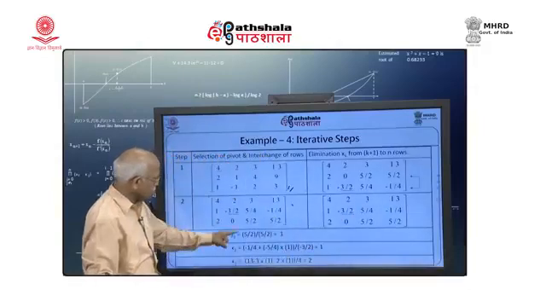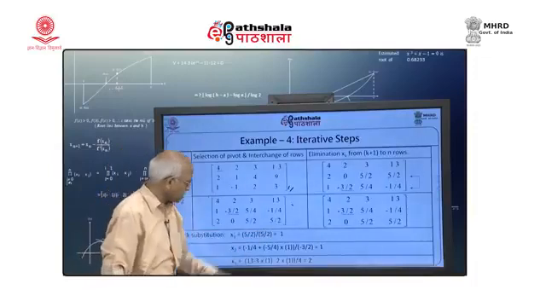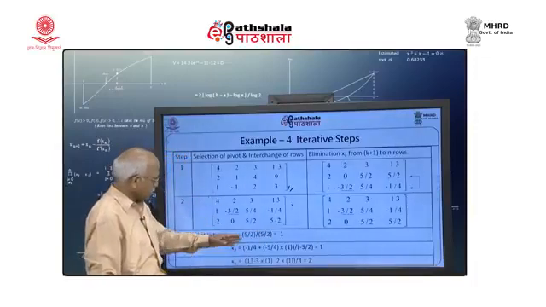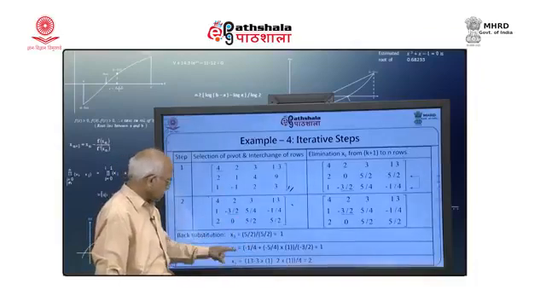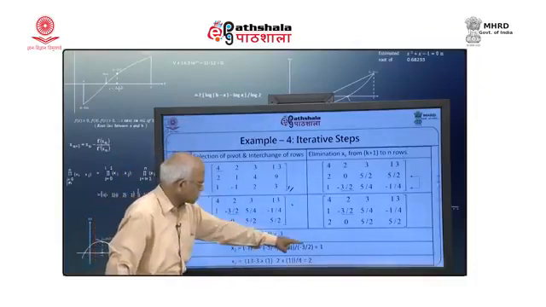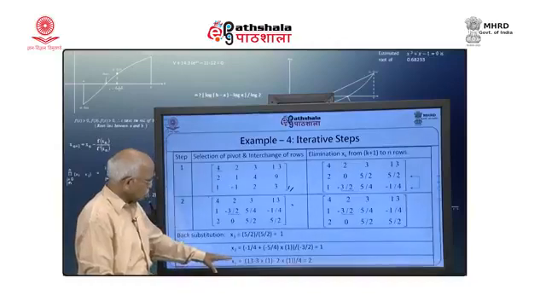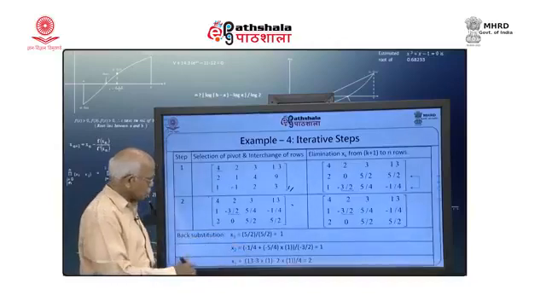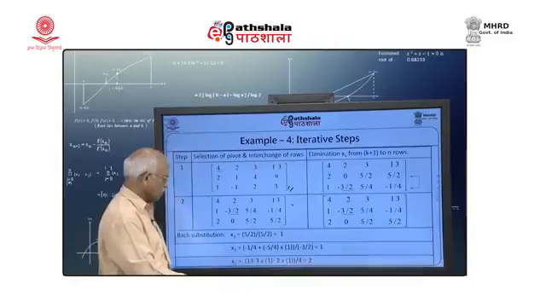So, x 3 will be given by 5 by 2 divided by 5 by 2, that is 1, x 2 I will obtain by going to the previous step. So, minus 1 by 4 plus this, like that we will be doing, and x 1 will be obtained by making substitutions for both the variables.